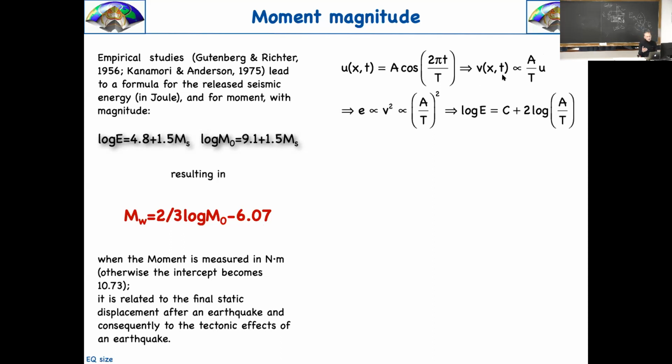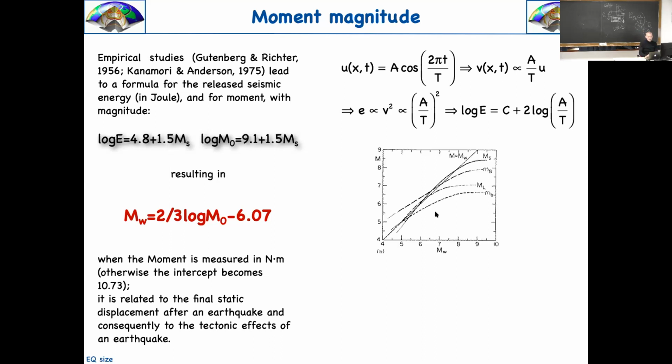And since energy, for example kinetic energy, goes like the square of the velocity, you have this. And if you take the logarithm, you have something that goes with the logarithm of A over T. That was the idea in the background for this.